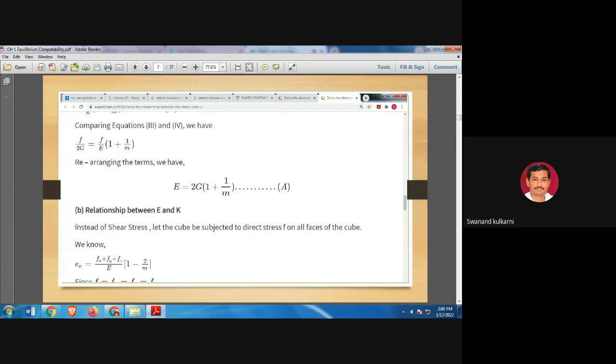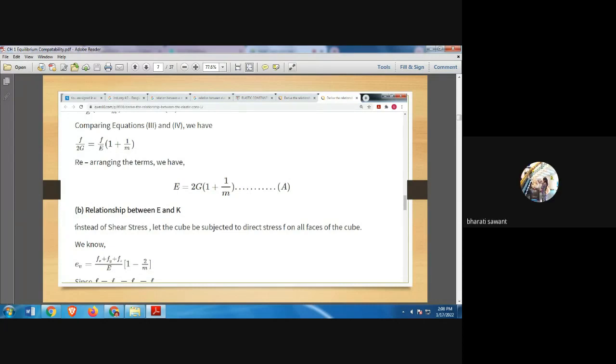E is equal to 2G into bracket 1 plus mu, where E is Young's modulus, G is the modulus of rigidity, and mu is Poisson's ratio.